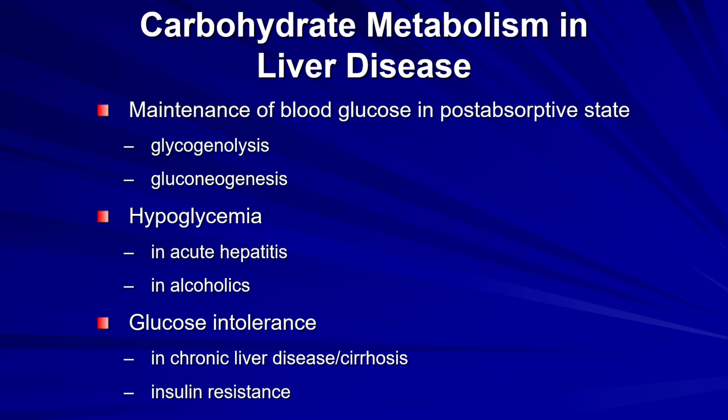And we see it also in patients with alcoholic liver disease, particularly those who are dependent on alcohol as a source of calories. On the other hand, we can see glucose intolerance and secondary diabetes in patients with chronic liver disease and cirrhosis. We do not fully understand the mechanism of this secondary diabetes, but we think it is due to insulin resistance at the receptor or post-receptor level in patients.